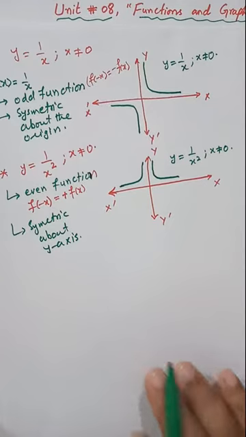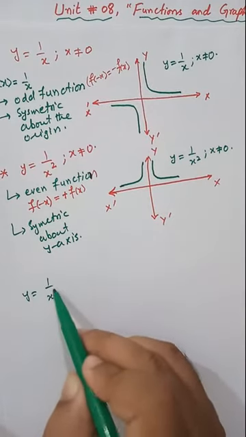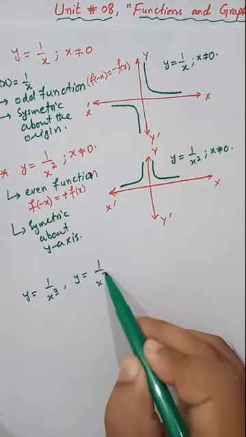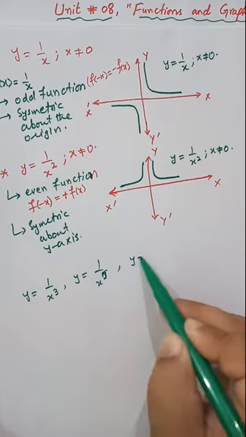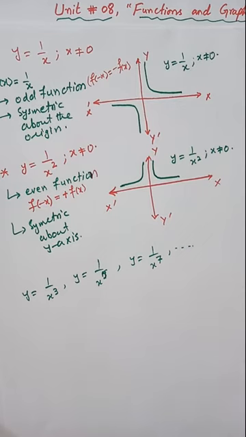So remember, the graphs of y is equal to 1 divided by x cube, y is equal to 1 divided by x power 5, y is equal to 1 divided by x power 7, and so on.